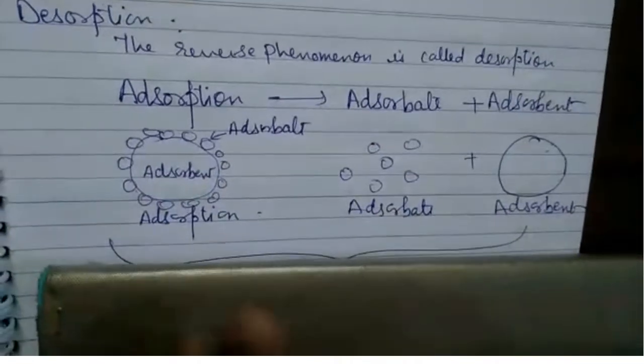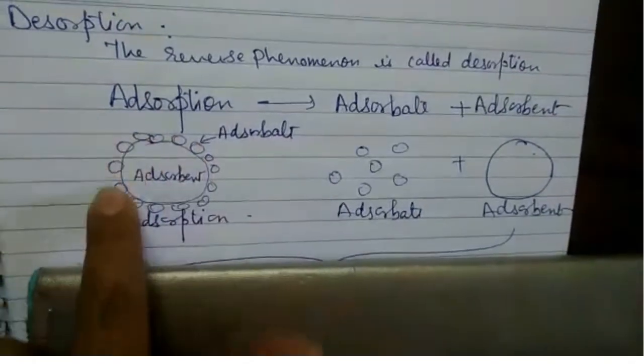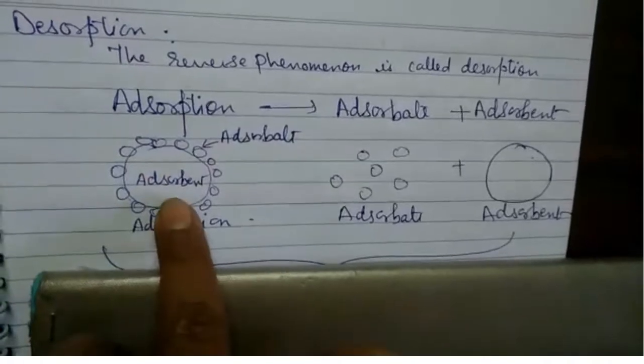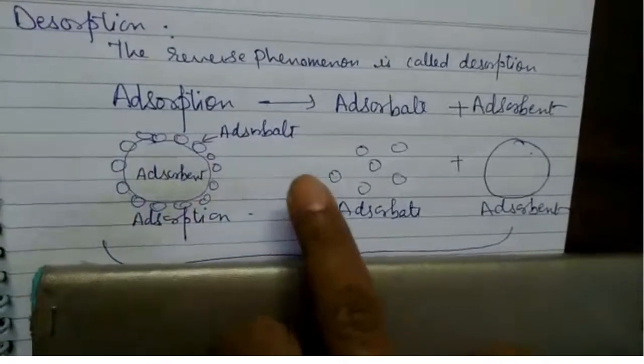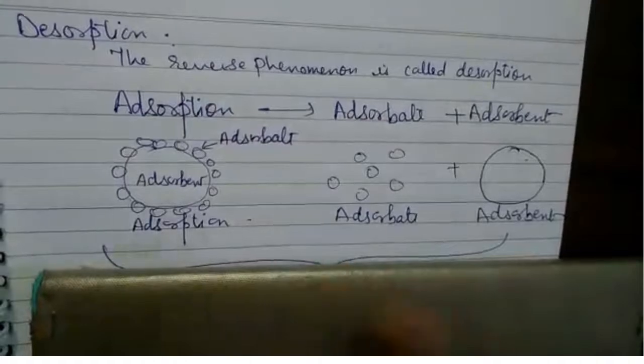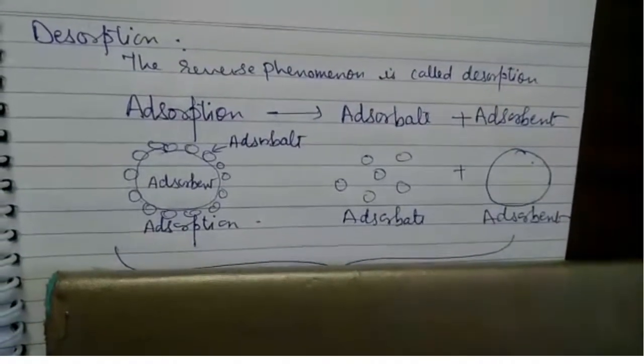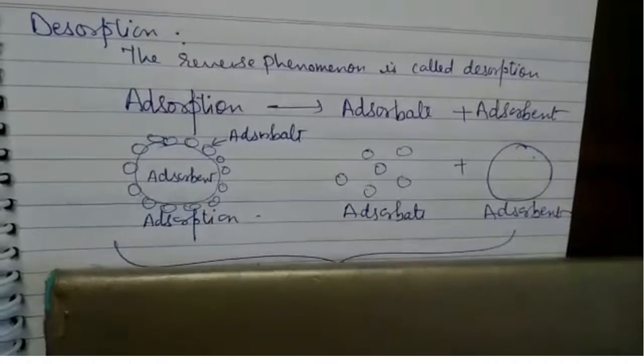Suppose the adsorption process is there, and more concentration of the molecules has taken place on the surface of the adsorbent. During desorption, these molecules are liberated out as adsorbate and adsorbent separately. This process is known as desorption.